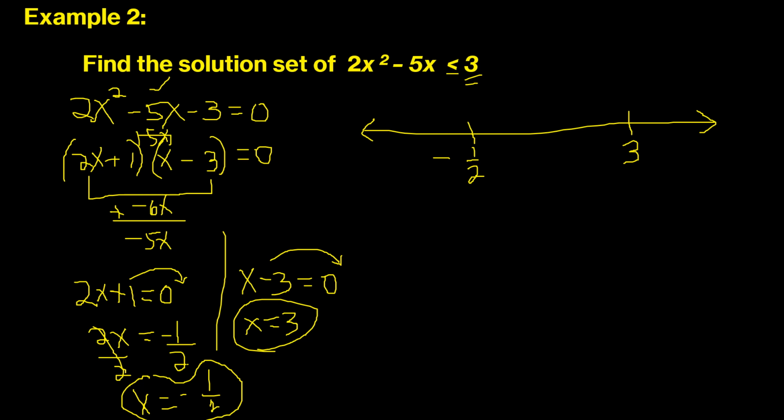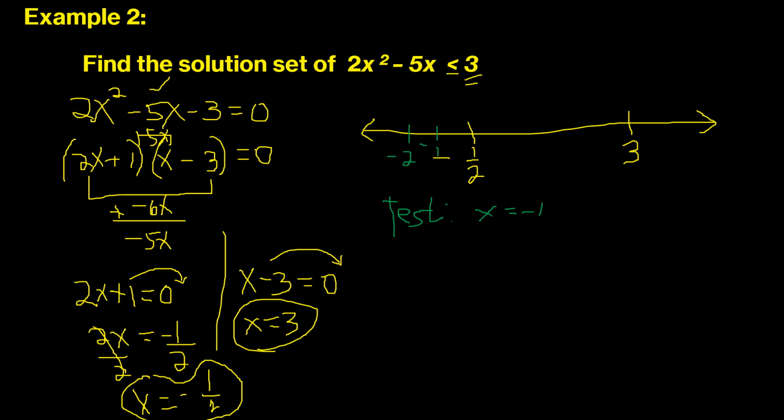So the numbers which can be found at the left of negative 1 half could be negative 1, negative 2, negative 3, and so on. So for convenience, we may use negative 1 as part of the solution set. So x equals negative 1.